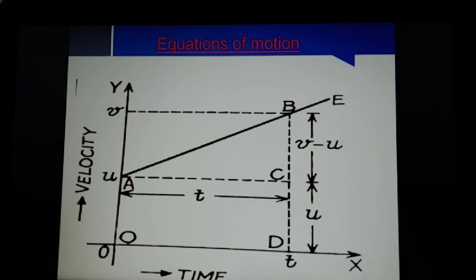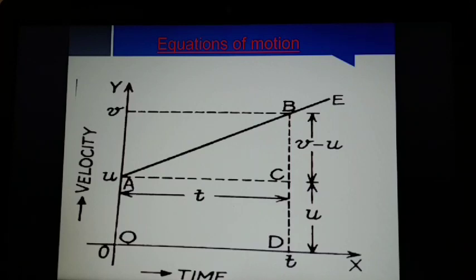How can you find the area of rectangle ACDO? That is DC multiplied by AC. How can you find the area of triangle ABC? Since it is a right triangle, that is half base into height, half into BC into AC.